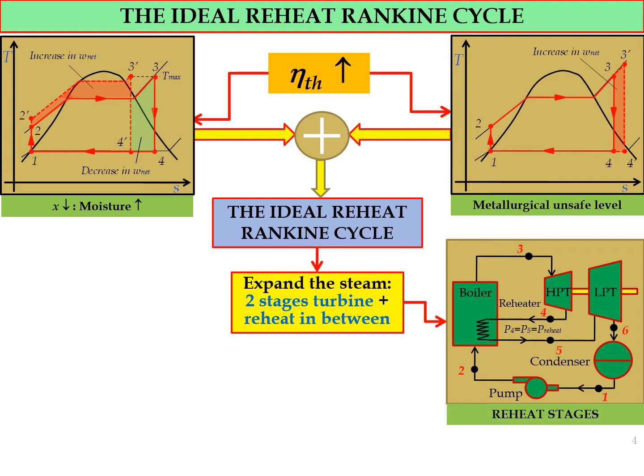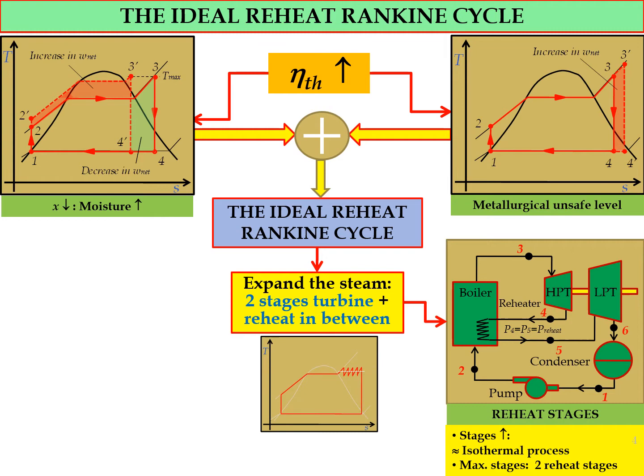We can increase the reheat stages, but the maximum is 2 reheat stages. More than that is not practical. As you can see, this is the TS diagram at the bottom center of your slide. From this TS diagram, the red line shows a number of reheating processes and a number of turbines.